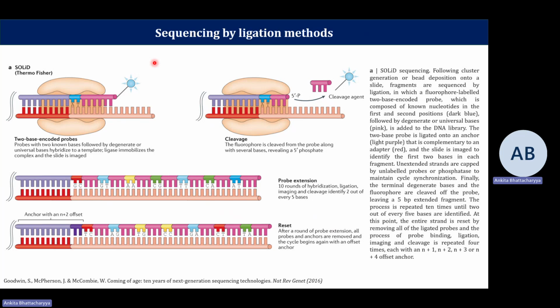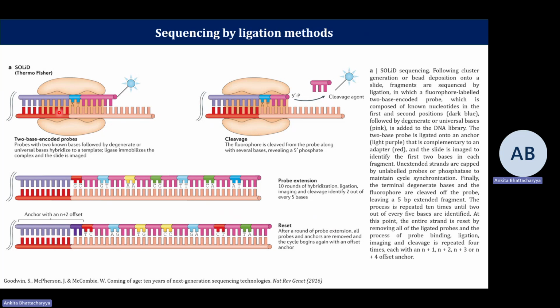Fragments can often be sequenced by ligation-driven strategies, whereby a fluorophore-labeled two-base encoded probe, for example AT shown here in blue, followed by degenerate or universal bases shown in pink, is added to the DNA library. The two-base probe can be ligated onto an anchor, shown here in purple, and the slide is then imaged to identify the first two bases in each fragment.